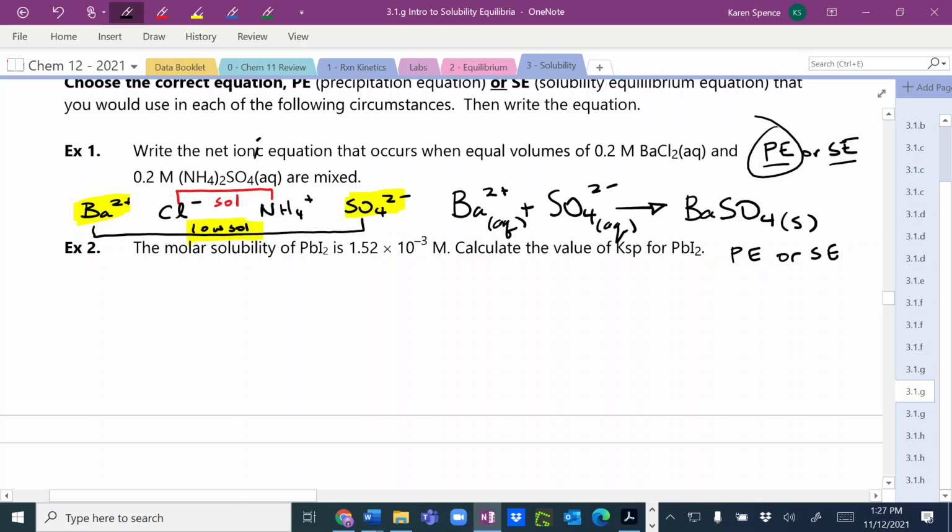Yes, that's going to be our solubility equilibrium. The fact that it mentions a Ksp in the question is a huge, huge clue that we will be using the solubility equilibrium. Why don't you practice writing the solubility equilibrium for lead iodide? Give it a go.